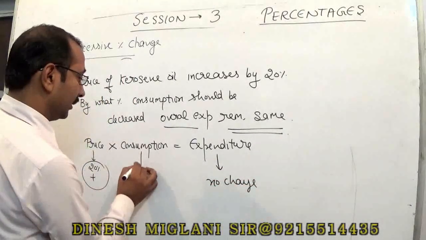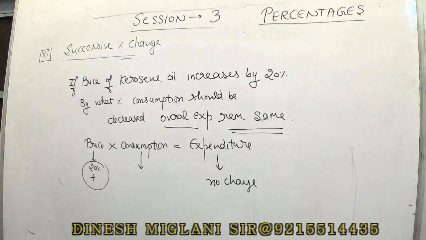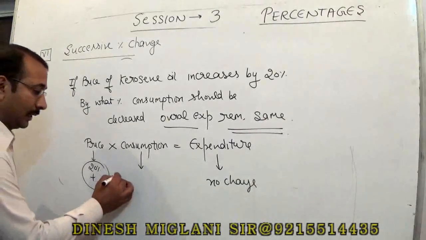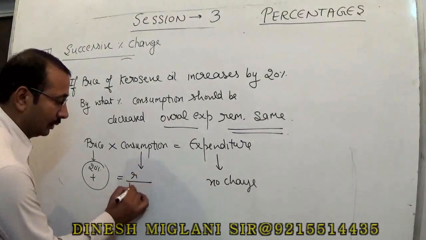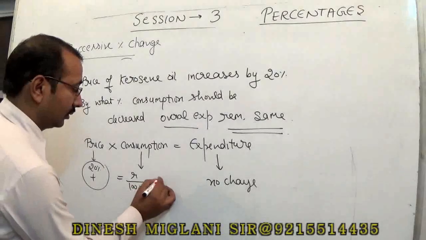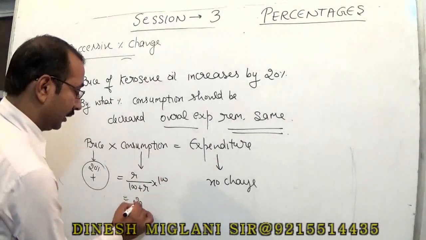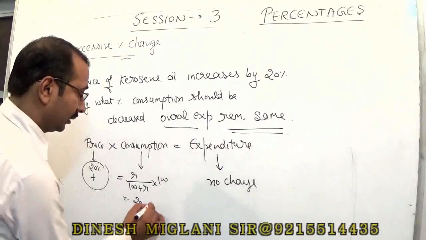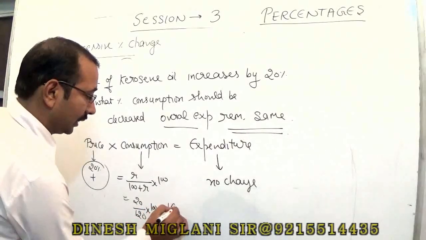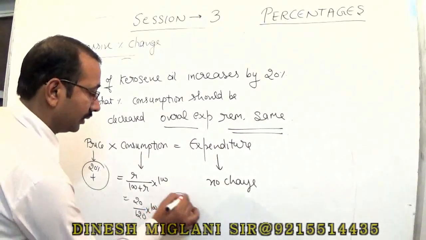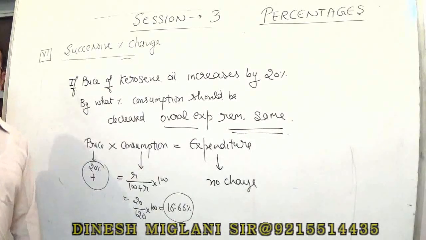So you have to find the percentage change in consumption. Just apply the direct formula R upon 100 plus R into 100, and put in 20 upon 120 into 100, and you will find your answer is 16.66% decrease. That becomes your answer.